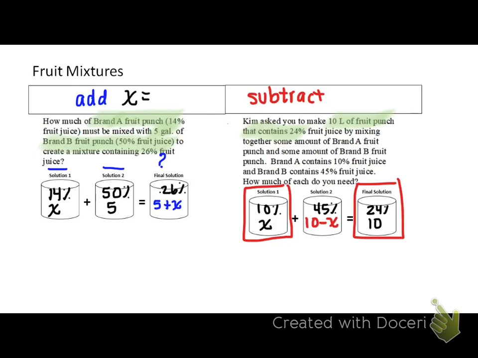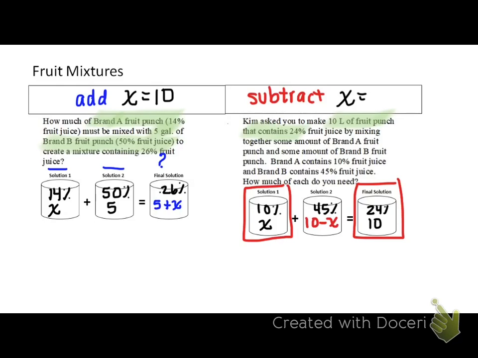0.14x plus 0.5 times 5. Did you get 2? I'm just kidding. Got 10. You guys got 10? Yeah. Okay, 10. I'm just messing with you. You guys are looking at me like, what did I do wrong?